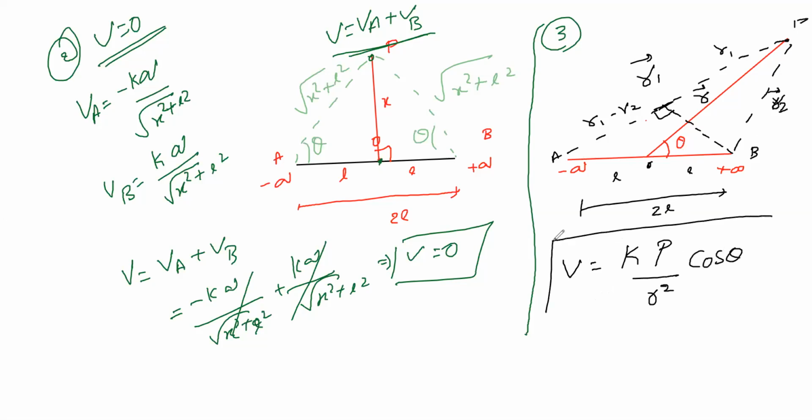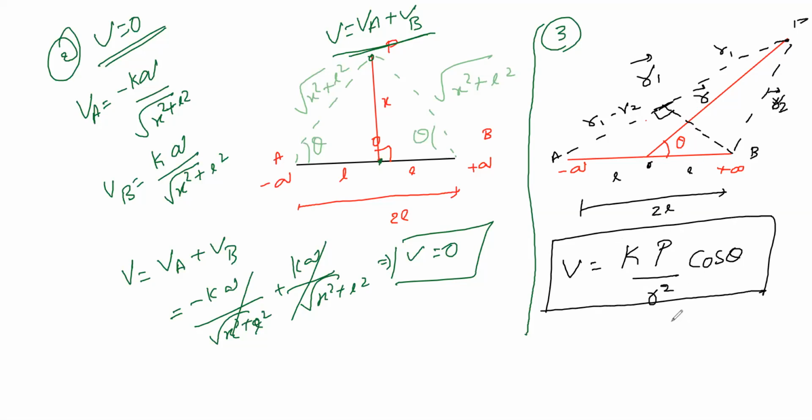Remember this relation: kp by r square cos theta. In the cos theta relation, the angle will vary. If theta is equal to 90 degrees, B is equal to 0. If theta is equal to 0 degrees, B will be maximum, kp by r square. This kp by r square is what we discussed earlier, the axial point. Same formula; remember this formula.